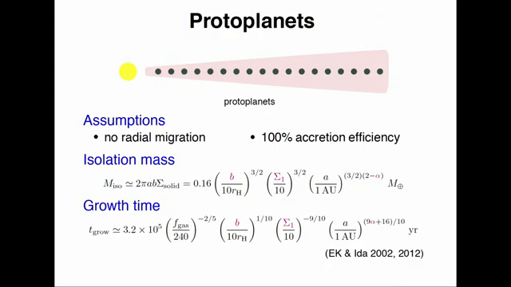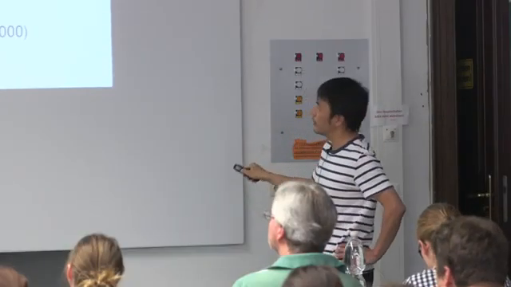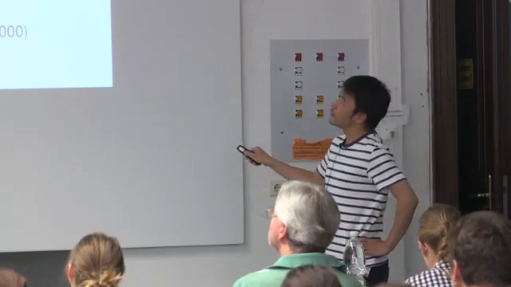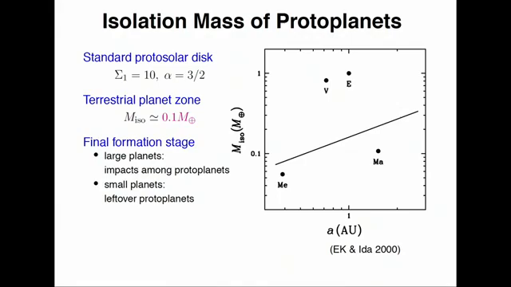But let me show you this figure about the mass of the embryos, together with the Mercury, Venus, Earth, and Mars masses. For the standard protoplanetary disk for the solar system formation model, where sigma 1 is 10 and alpha is 3/2, we have this isolation mass.